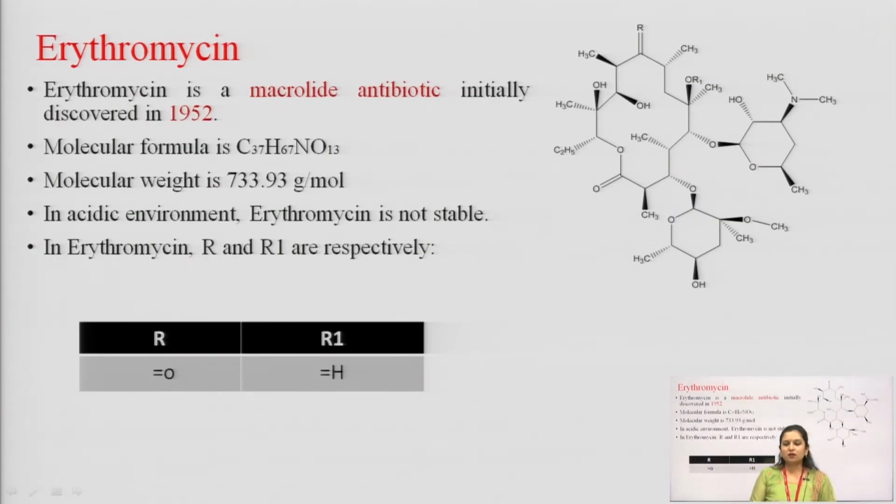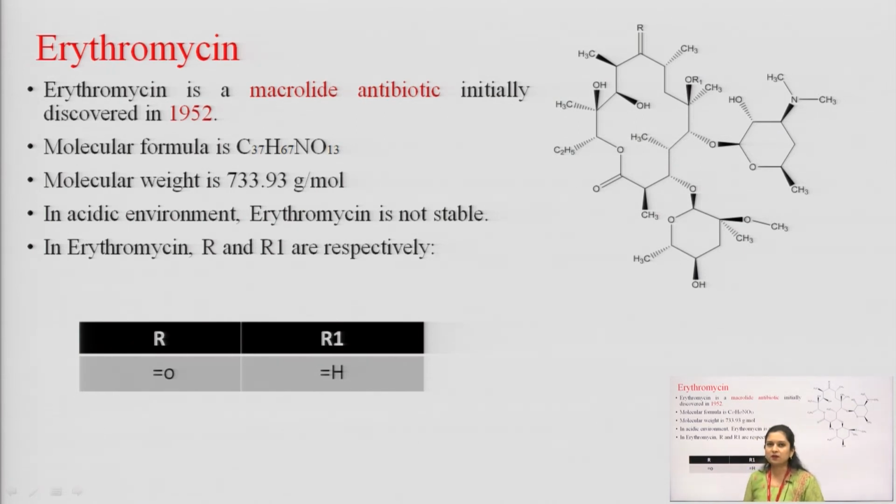Now, we will start with erythromycin. As we discussed earlier, there are 12 membered, 14 membered, 15 membered and 16 membered macrolides. But the commonly used macrolides are erythromycin, clarithromycin and azithromycin, and we will discuss them one by one.